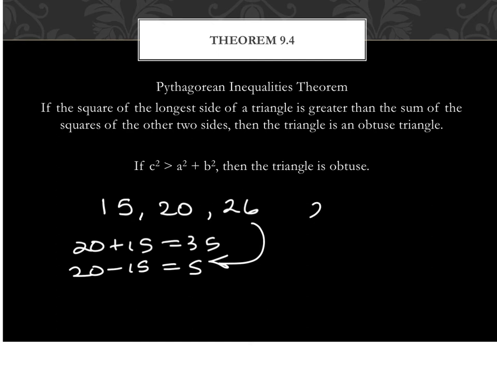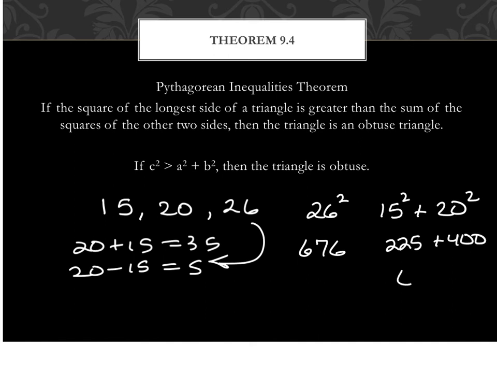So again, I would take the 26, square it, 15, square it, add that to 20 squared. 26 squared gives me 676. 15 squared gives me 225. And 20 squared gives me 400. So when I add these, I get 625. And you can see that 676, the C squared is bigger, making this obtuse.